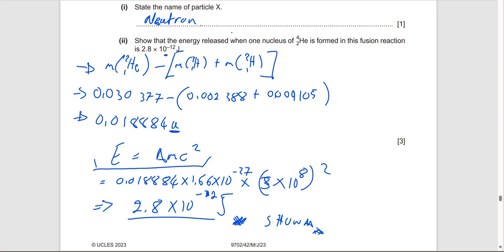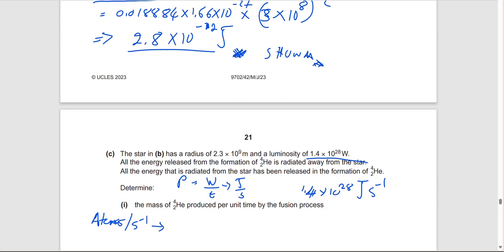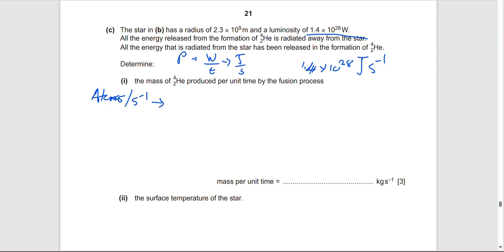It's saying show that when one nucleus is formed, this reaction, that is the energy that is released, but the total radiation released per second of the entire star is 1.4 × 10^28.